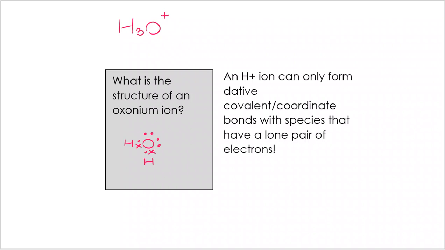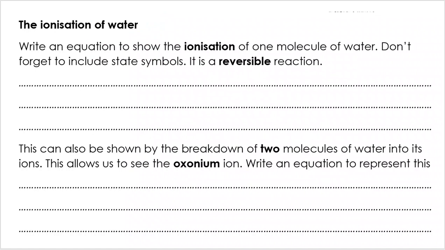But I've got an H plus ion coming in with no electrons. So that's going to form a dative covalent bond using one of those lone pairs. And once we've got that, to finish the diagram, we need to remember that it's now charged. So square brackets with a plus sign. This would be trigonal pyramidal. It would be a bond angle of 107 degrees. So cross links once again with other topics.